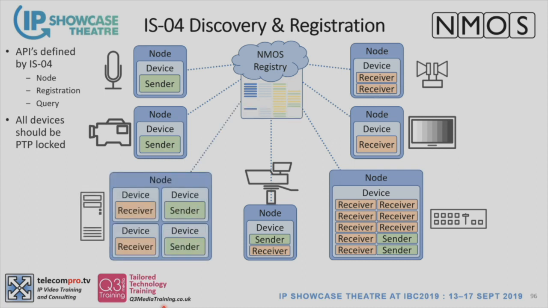And more complex devices may have much larger combinations of receivers and senders. And some devices, maybe software-based systems or card-based frames, may actually register a single node, but spin up different logical devices on that system. And again, in the NMOS registry, there's lots of unique IDs, and lots of the interoperability testing work is to look at how this can actually scale to much larger systems. A big thing that Wes talked about as well was SDP files.